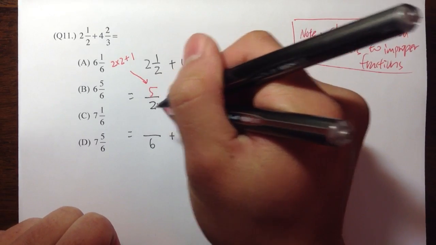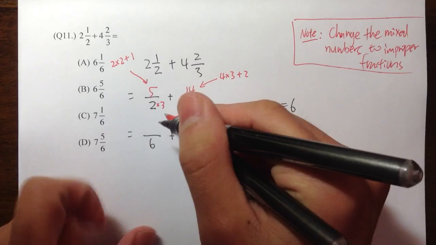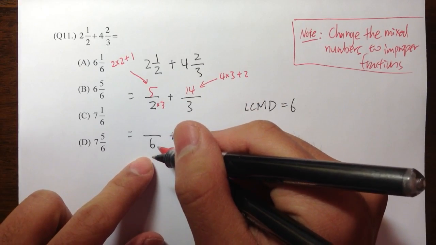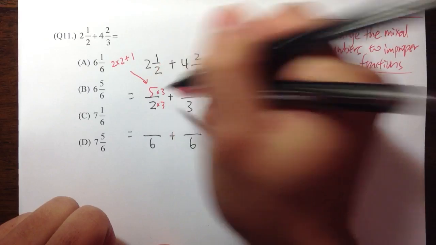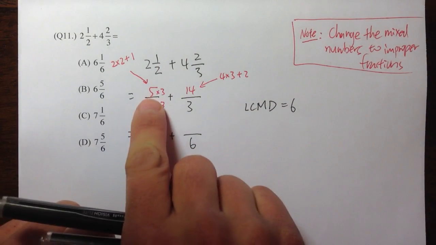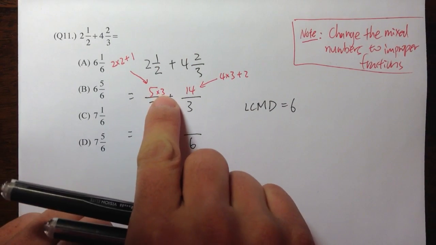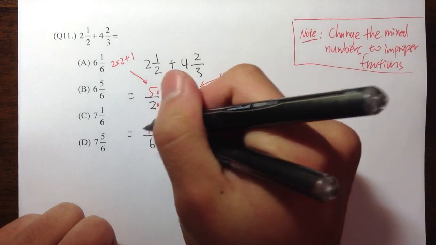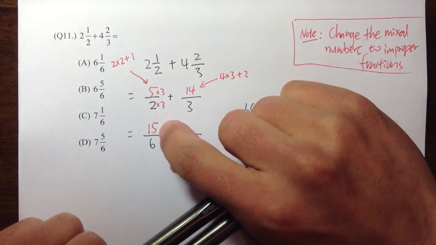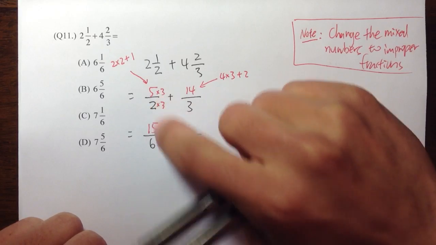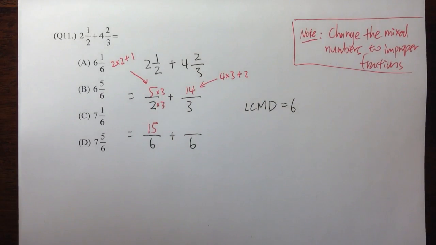So let me write that down. 2 times 3 will produce 6. And we'll do the same on the top. We will multiply by 3 on the top as well, and we will get 5 times 3, which is 15. So that's how we can change 5/2 into 15 over 6. And they are the same values.